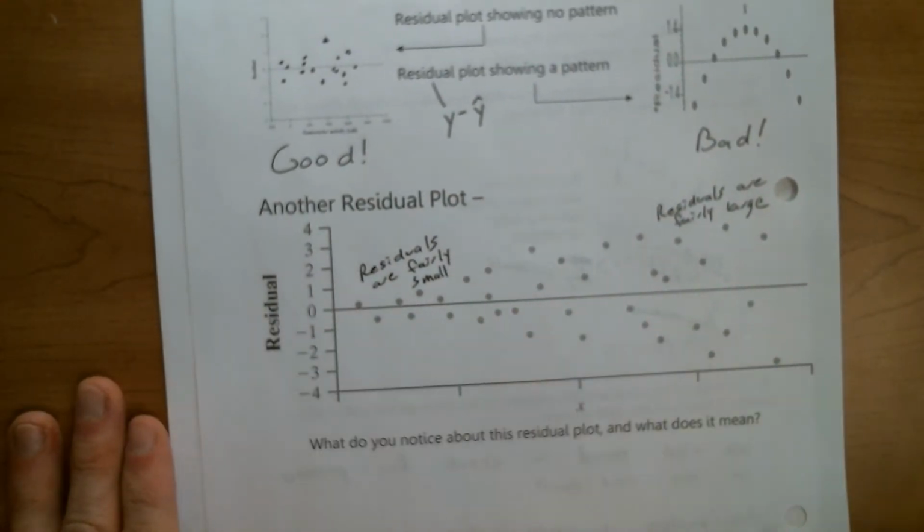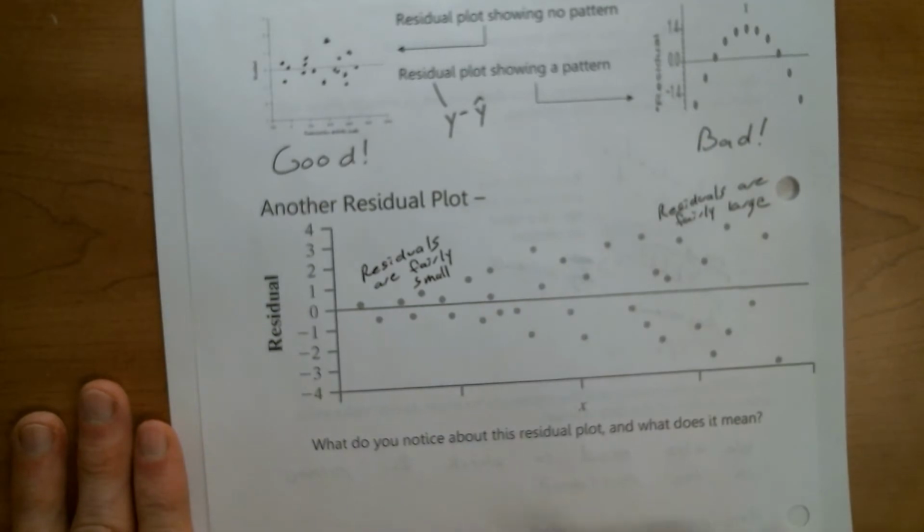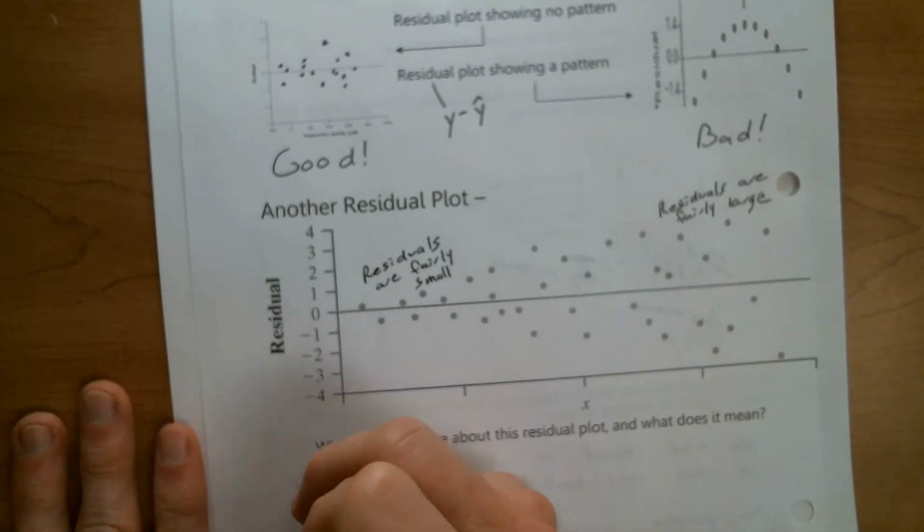So what does all of this mean? How do we interpret this? What do we notice?